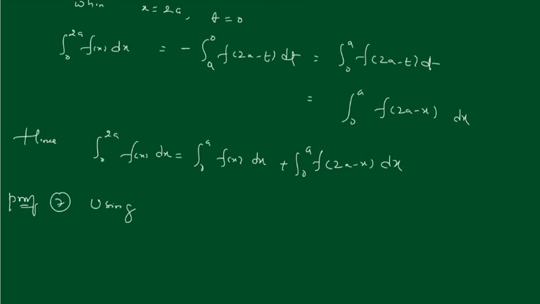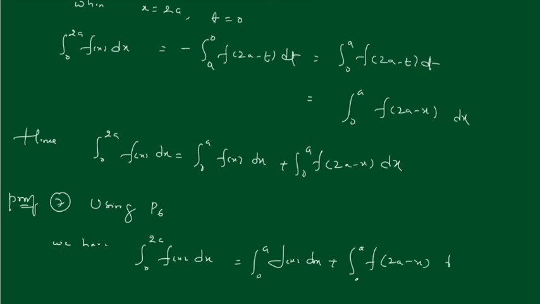Using property 6 we have the integral from 0 to 2a of f of x dx equals the integral from 0 to a of f of x dx plus the integral from 0 to a of f of 2a minus x dx. Take it as equation 1.